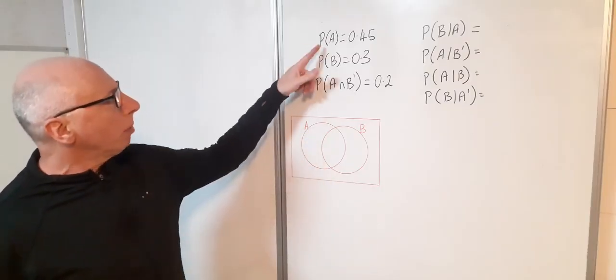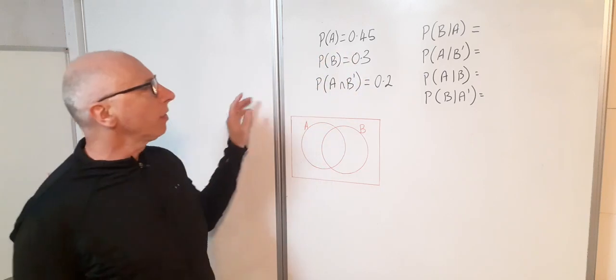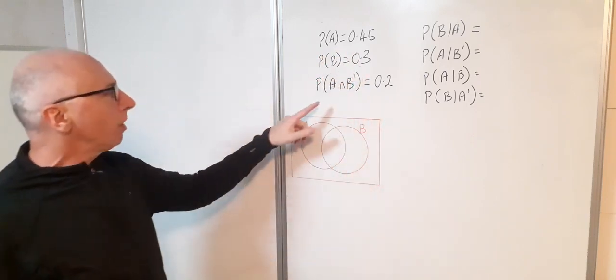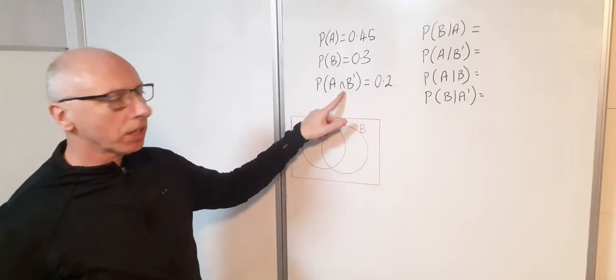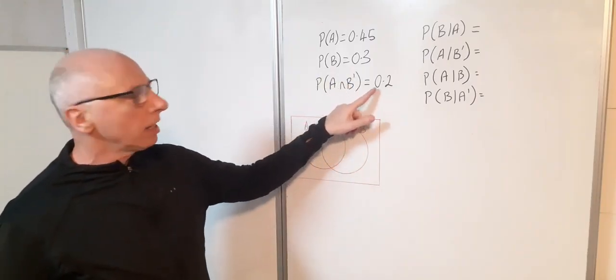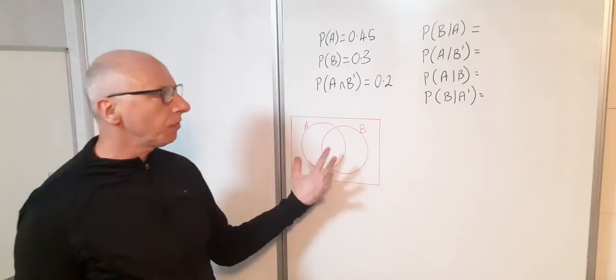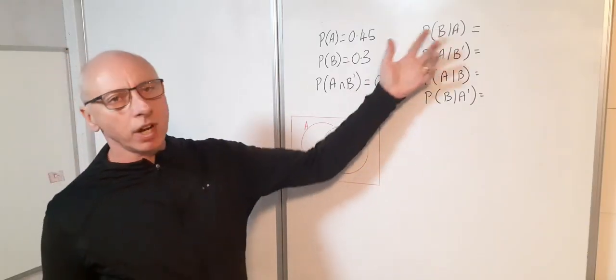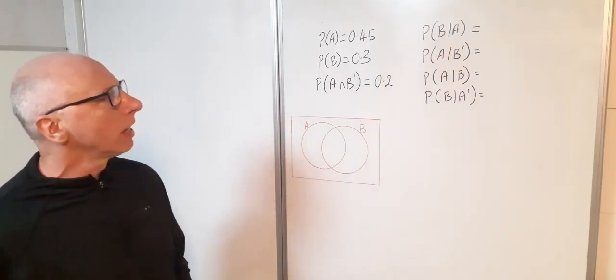And we're given the probability of A is 0.45, the probability of B is 0.3, and the probability of A intersection with not B is 0.2. And I've got this Venn diagram drawn out, and we're going to sketch in our results in here to try and get us our answers to this.